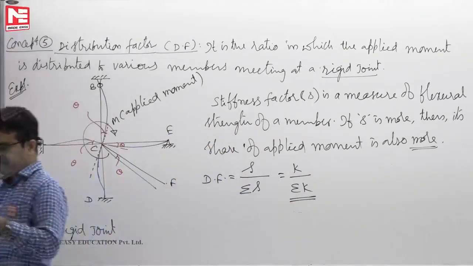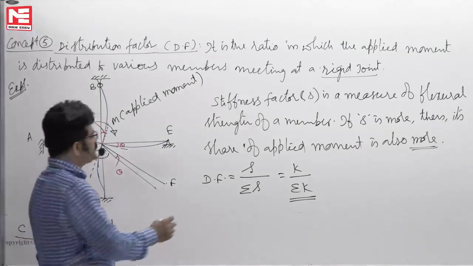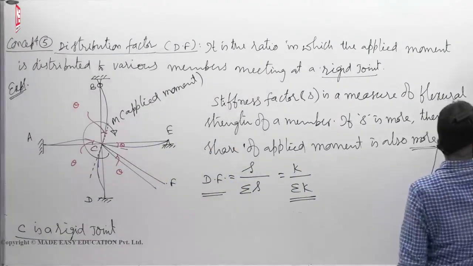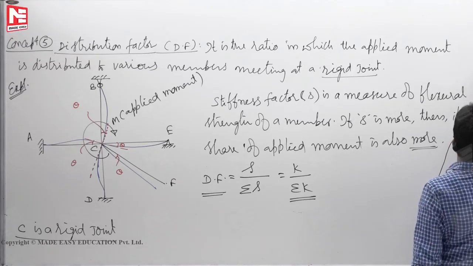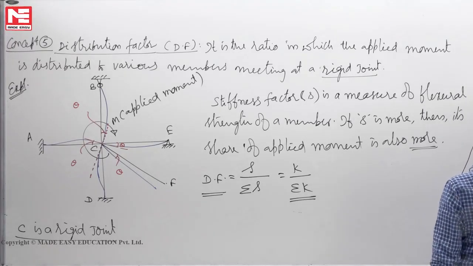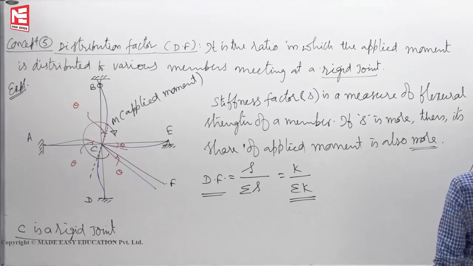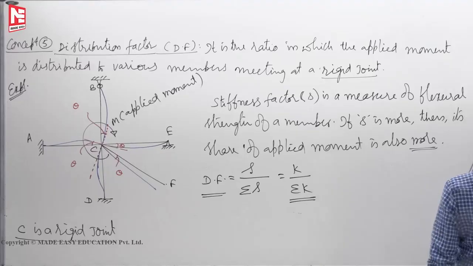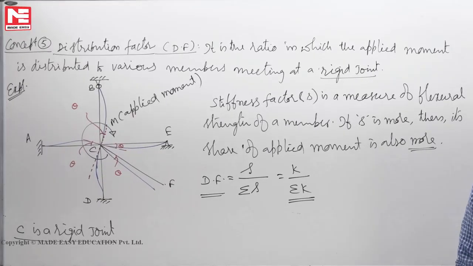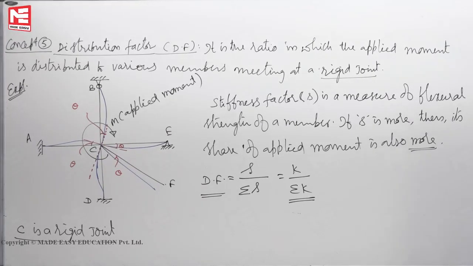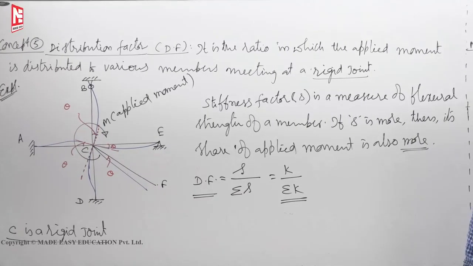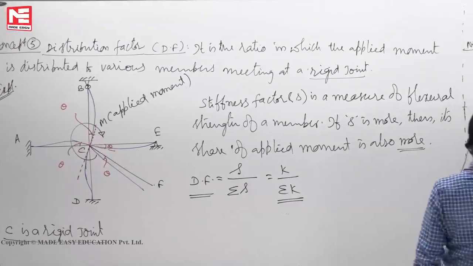That's it. Now, this type of distribution we have learned in strength of materials also. This example I have already given you. You apply load P, let us say. This is L by 2, L by 2.